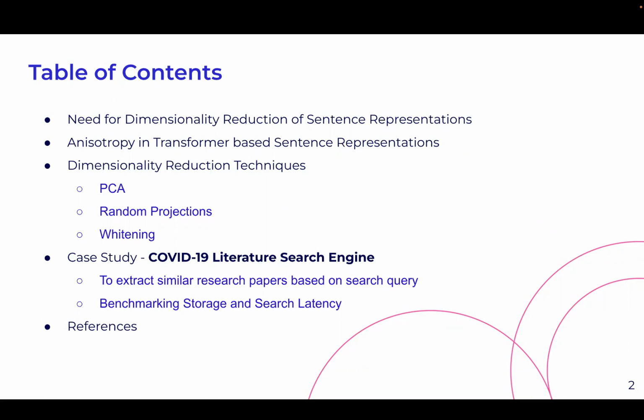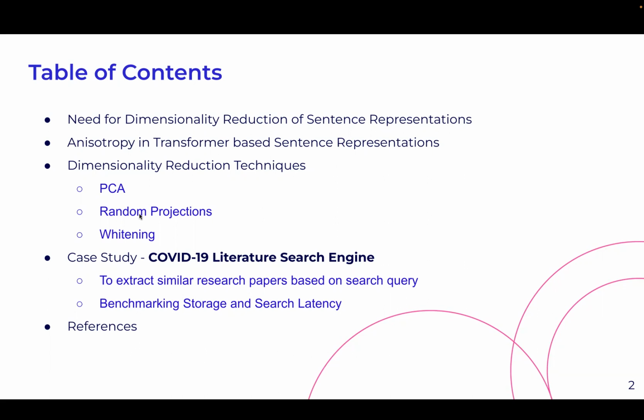That is where there is a poor performance of BERT-based embeddings when we are using the cosine similarity as the metric to calculate the similarity between the relevant documents. So we want to overcome this particular degradation that is happening based on transformer-based sentence representations. And eventually we need to use some dimensionality reduction techniques as well to reduce the storage.